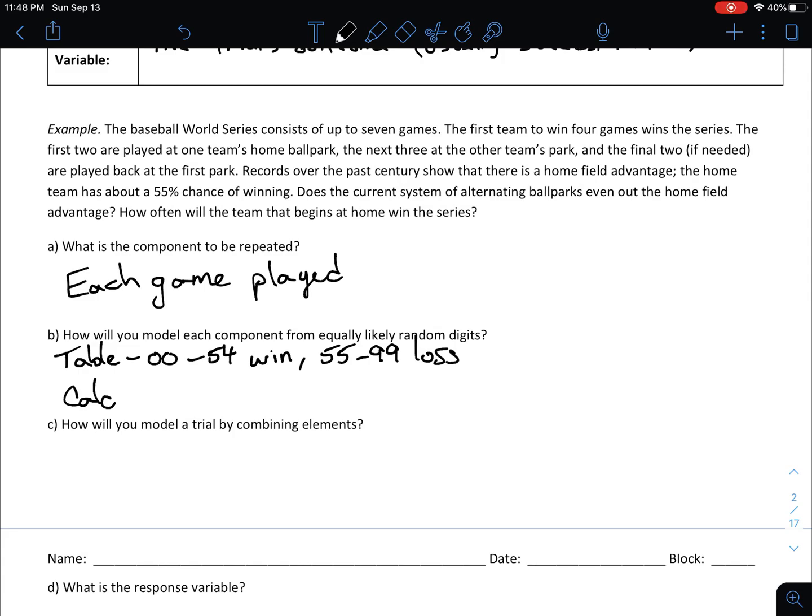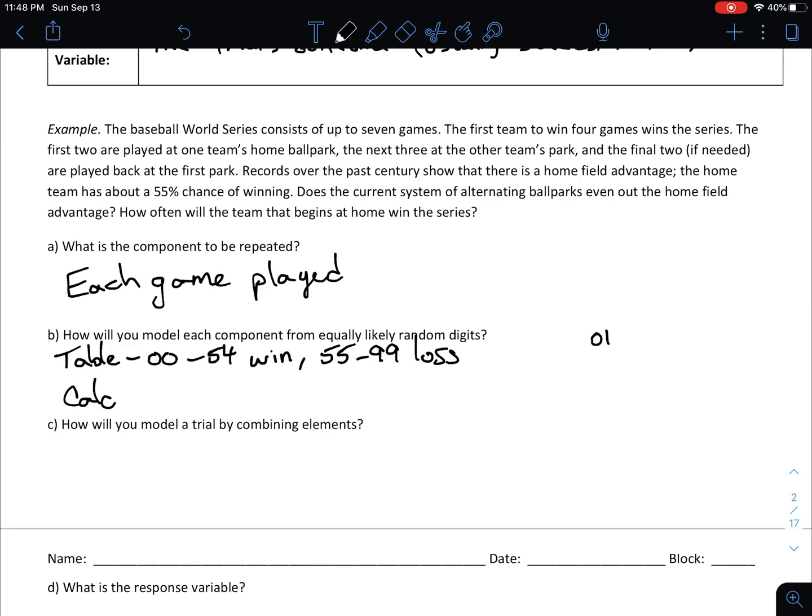Now, you may be wondering why I chose 00 to 54. That's because if you include 0, you have to be one less than your number. So if you did 1 through 54, that would just be 54. If you do 0 through 54, that's actually 55.